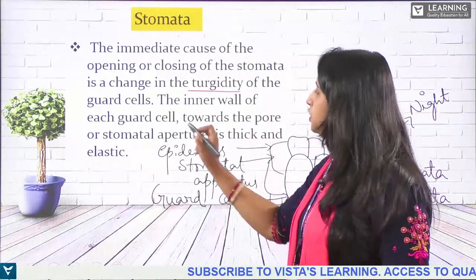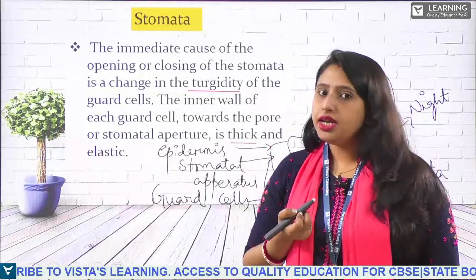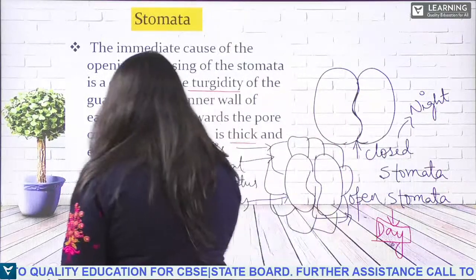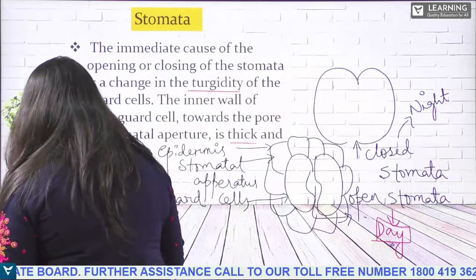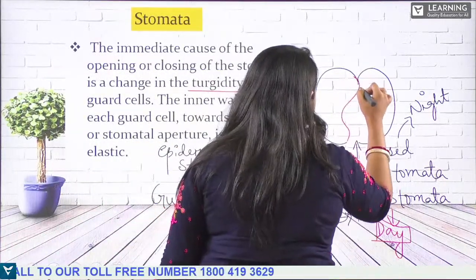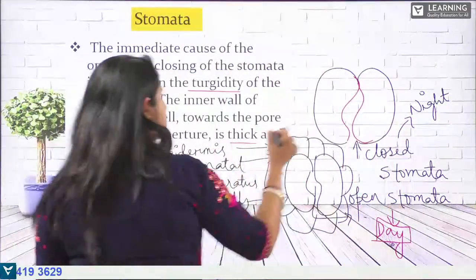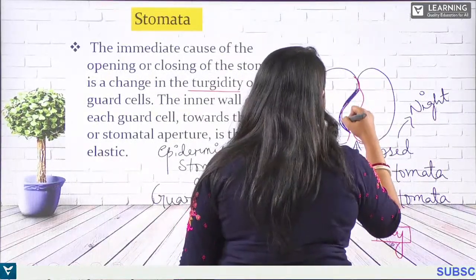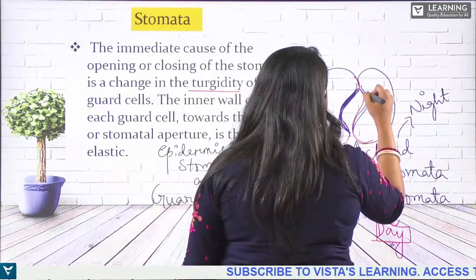The inner wall of each guard cell towards the pore is thick and elastic. So what about the inner walls? Let me show this diagram. These are the inner walls.